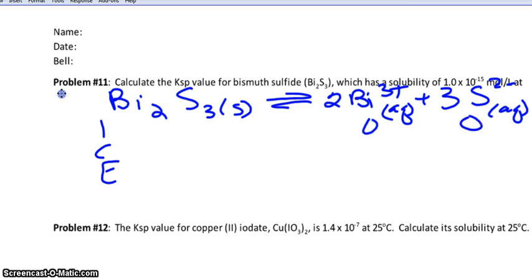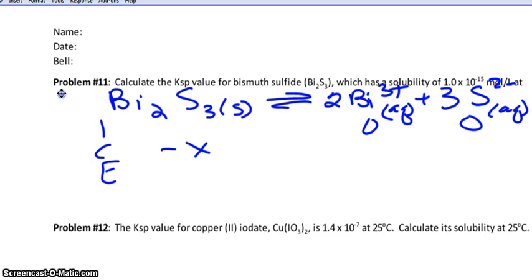Now, what did we define X as? X is your solubility of the bismuth sulfide. How many moles of bismuth sulfide can be dissolved in 1 liter? So you have 1 bismuth sulfide, but how many moles of bismuth ion will you make from 1 mole of the bismuth sulfide?